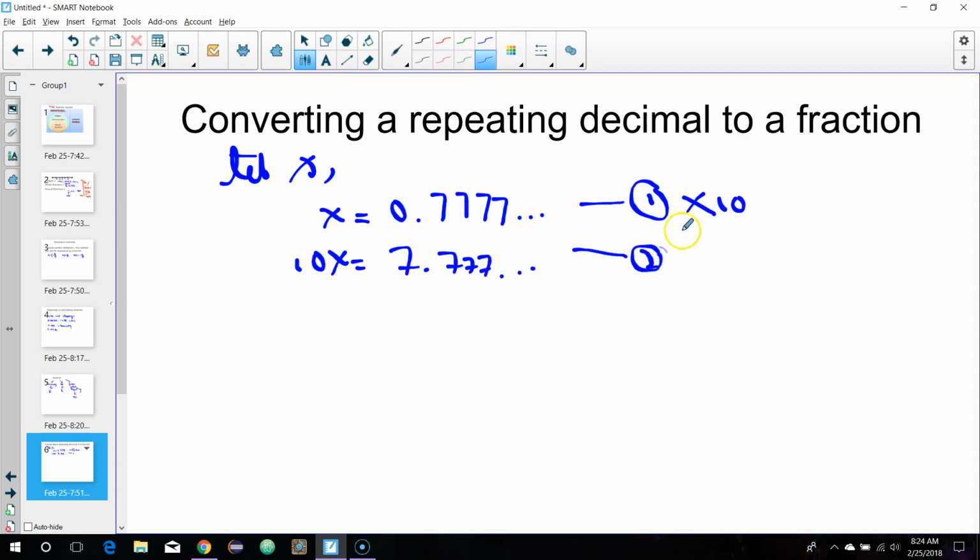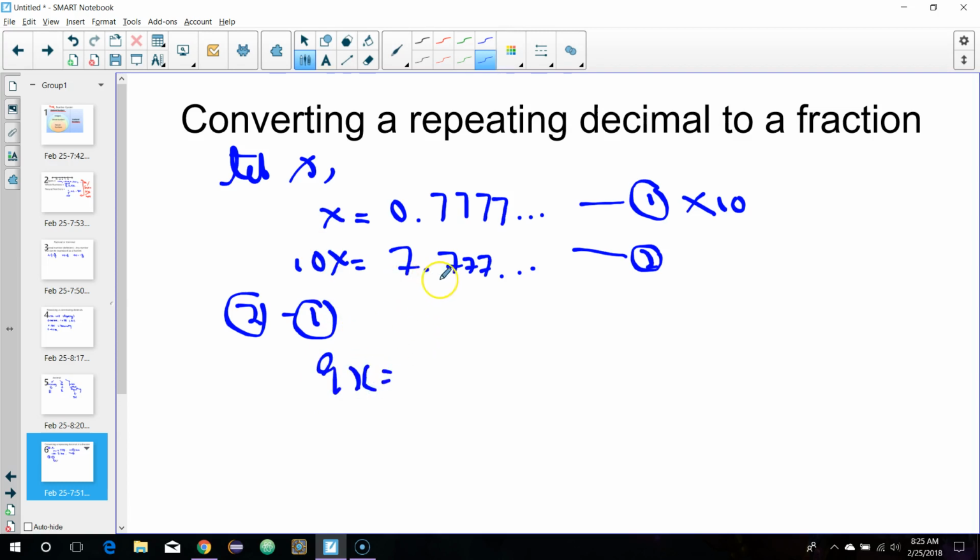Now, having a system of equations, I can do a lot of lovely things to it, such as having equation 2 subtract equation 1. That's what I would do. So 10x minus x, you get yourself a lovely 9x.